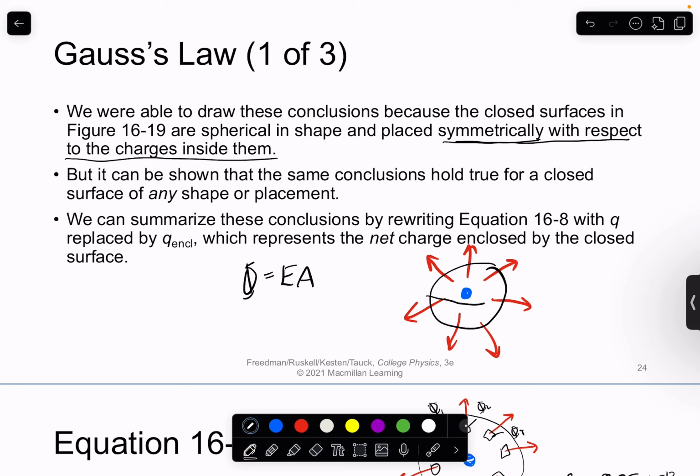Spheres have radial symmetry, okay? So we need that to match up so that when we add up all the little fluxes, this value is constant with respect to the surface.